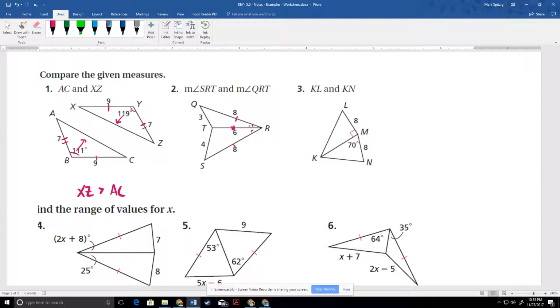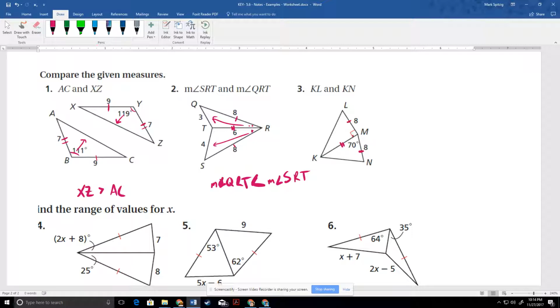This 3 is smaller than this 4, so the measure of angle QRT is going to be less than the measure of angle SRT. Again, you could have put SRT as larger, but either way, this angle is bigger because the side opposite it is bigger.